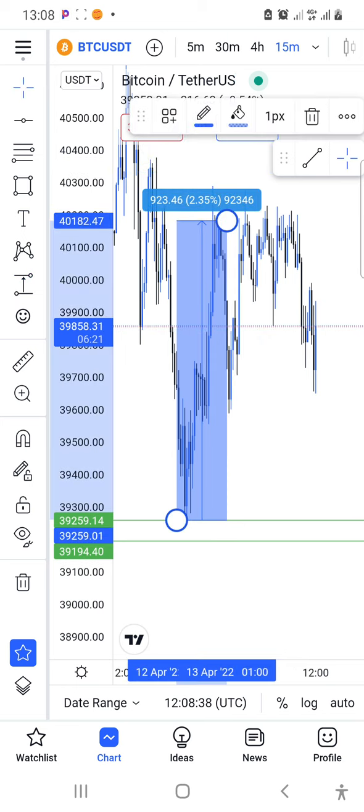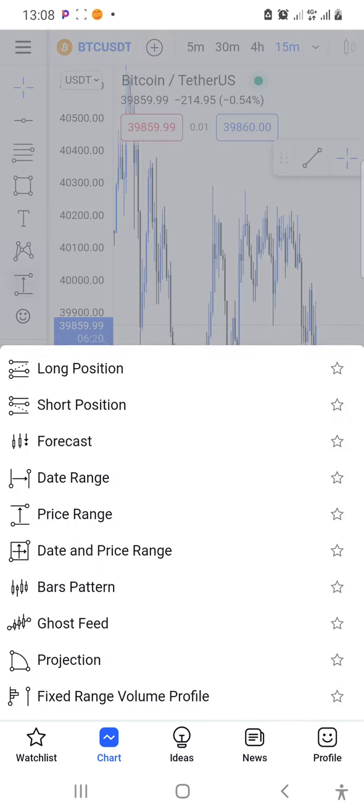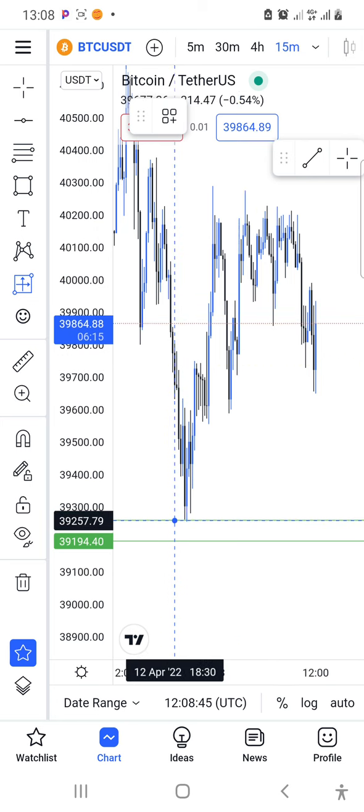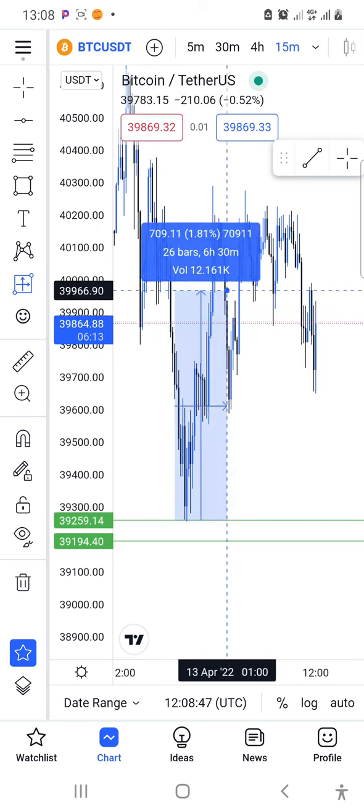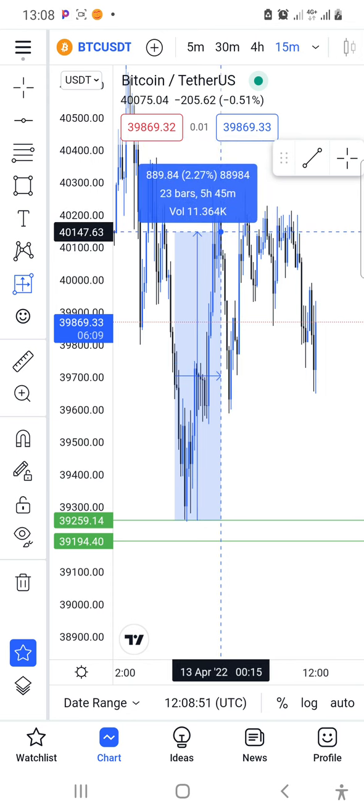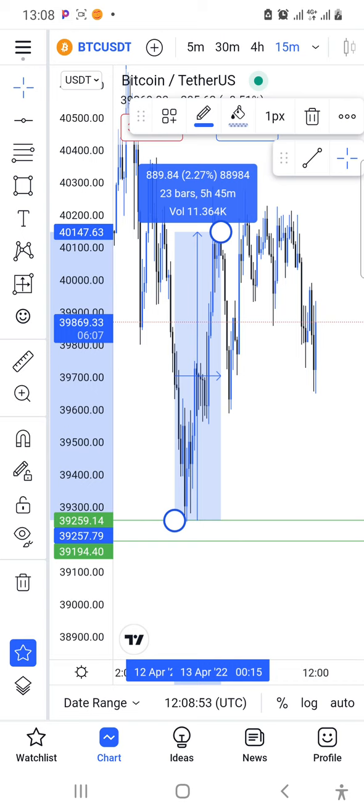Date and price range, let's see how many days it took, how many hours. So I said up to this point here. So it took 5 hours 45 minutes to make $41 on your $100, 41% in a day.